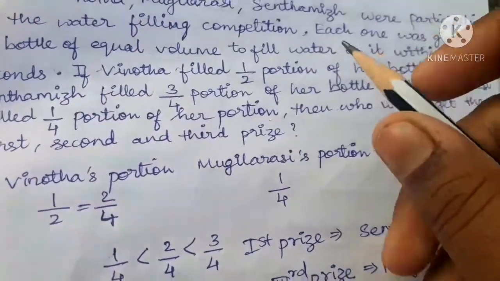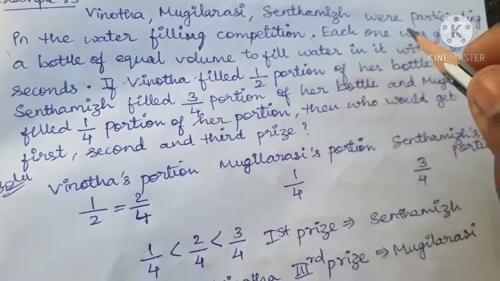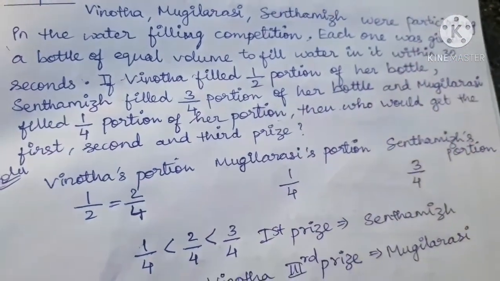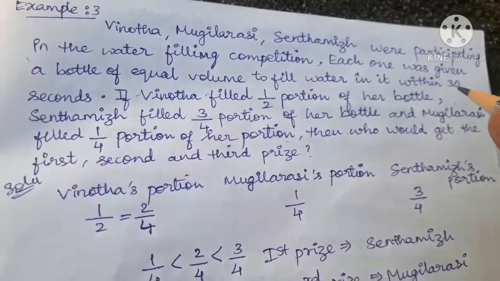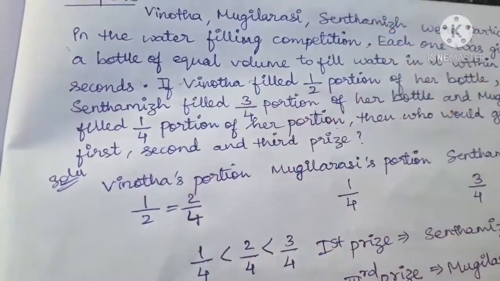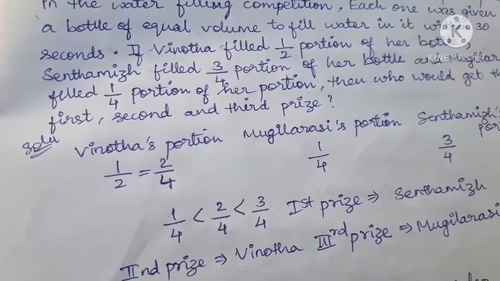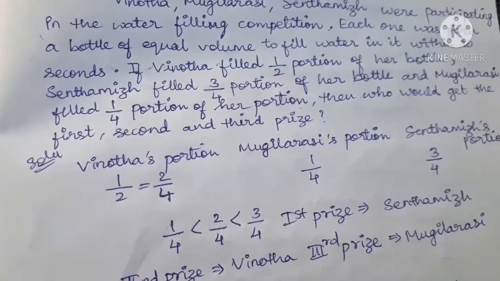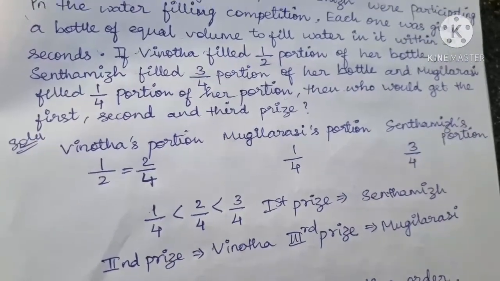Each one was given a bottle of equal volume to fill water in it. Let us take 1 liter. In 30 seconds, they'll see how much volume each has filled, and they'll give the prize. And we are going to find who has been given the first prize, second prize and third prize.